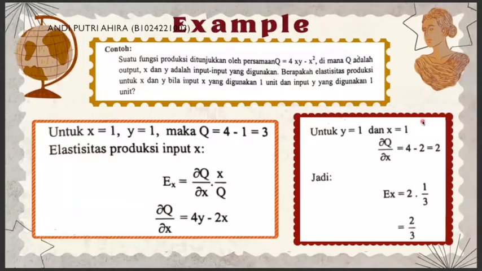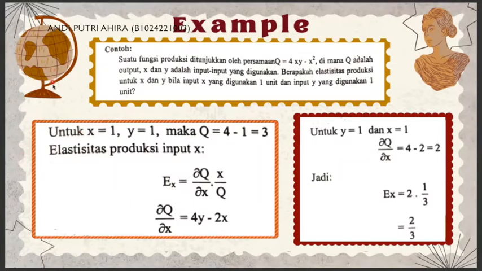A production function shows the equation Q equals 4xy minus x squared, where Q is the output, and X and Y are the inputs used. How much is the production elasticity for X and Y if the input X used is 1 unit and the input Y used is also 1 unit?